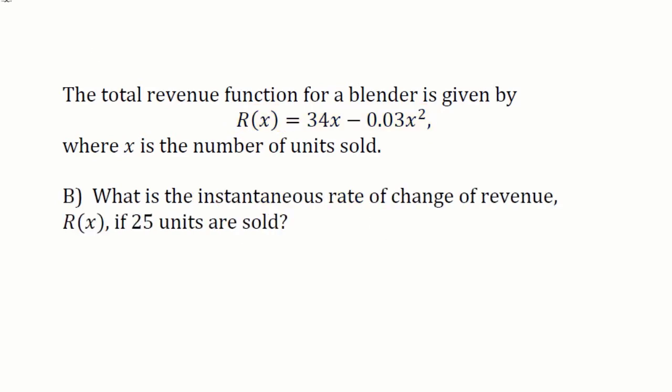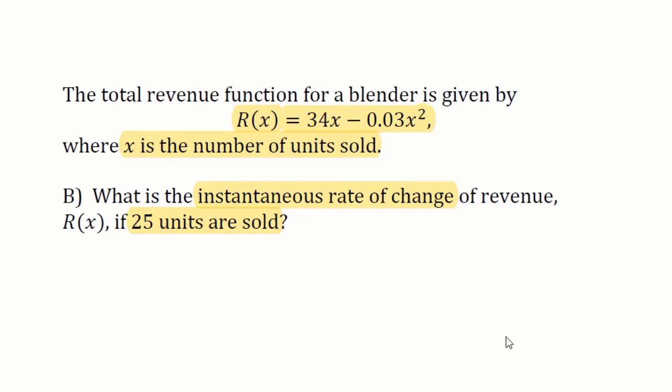In this part, we have the same function, and x has the same meaning. X is the number of units being sold by our store. But now the question is asking, what is the instantaneous rate of change of revenue if 25 units are sold, 25 blenders specifically?